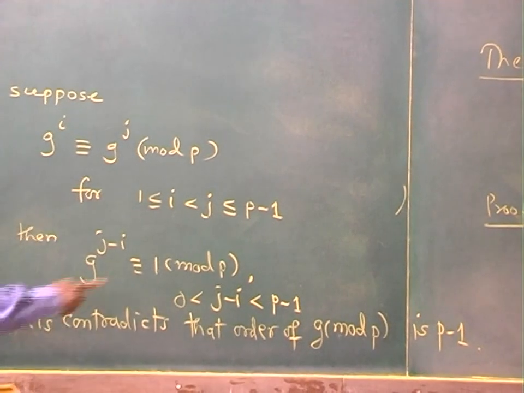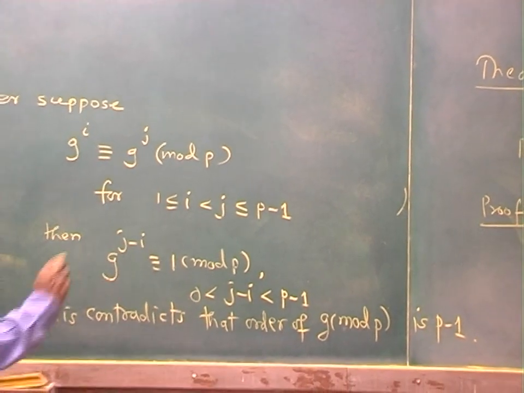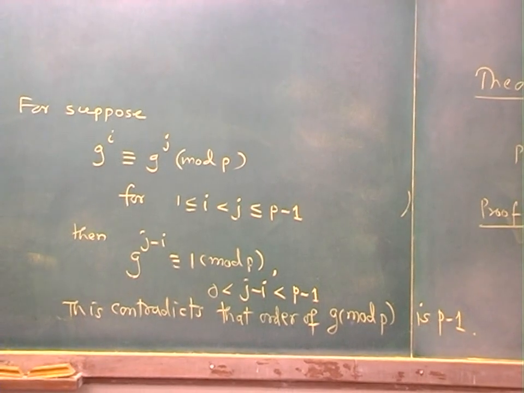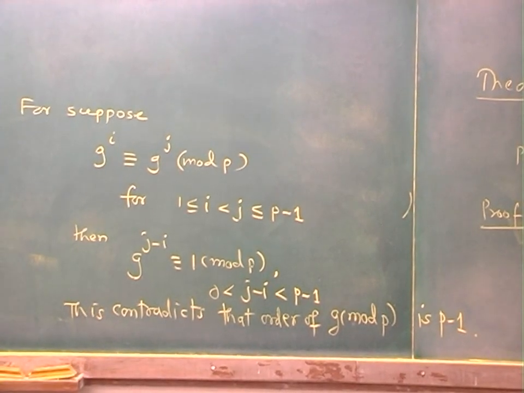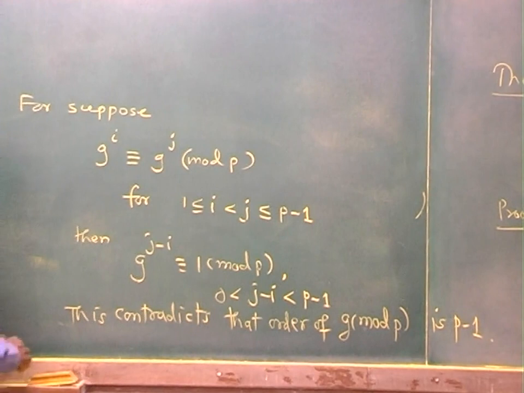This contradicts that the order of G mod P is P minus 1. That means these elements must be distinct mod P.